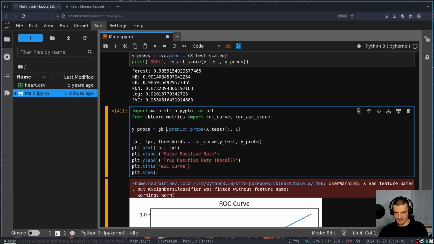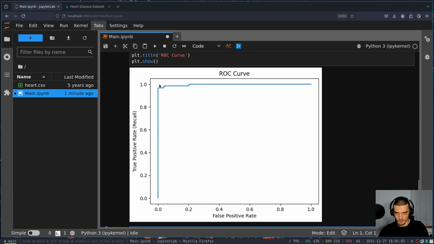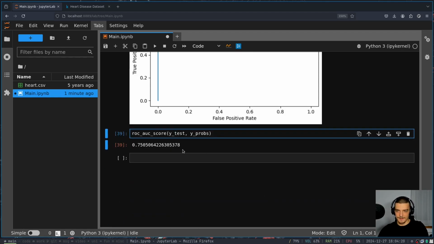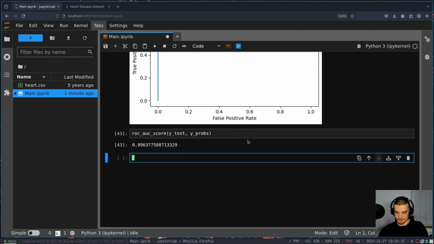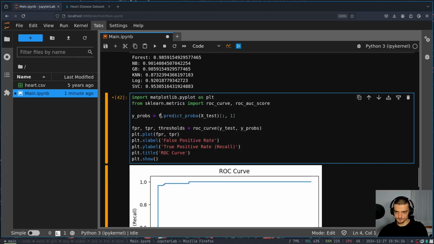If I go with the gradient boost classifier, in order to get 100% recall, so to find all the diseases, I would have to allow for something like 22% of false positive rate, which means 22% of the time when I say something is actually a disease, it's actually not a disease. Yeah, so this is also a pretty good model, but the best one seems to be the forest.